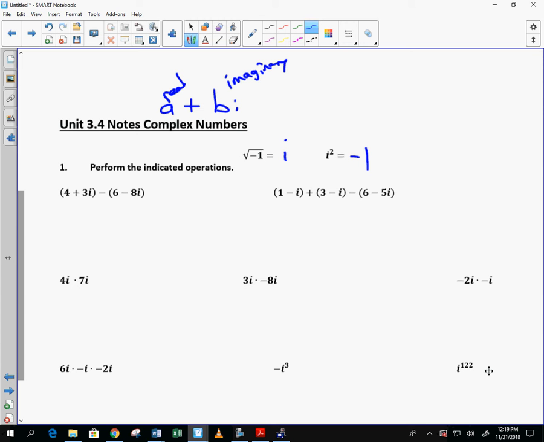If you say x squared minus 1 is equal to 0, how many solutions are there to that polynomial? 2. You look at the degree, you say there's 2 solutions, and that's going to be plus or minus 1. Now, if I say x squared plus 1 is equal to 0, how many real numbers work for that? None.